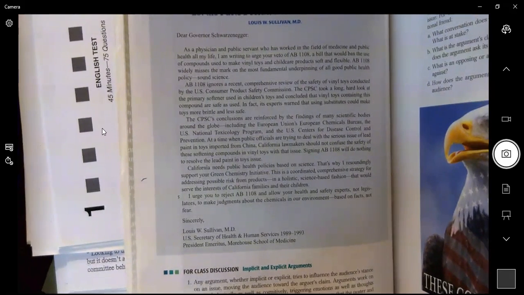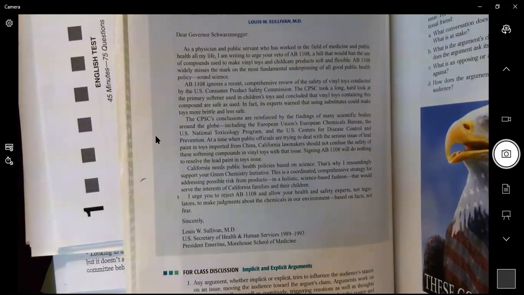He's worked in medicine and public health. He says veto phthalates, or veto the bill that would ban the use of compounds used to make vinyl toys. And in this case, I think it was at least in part about phthalates. And it also says this bill isn't taking care of the lead paint in toys issue. So don't do that.